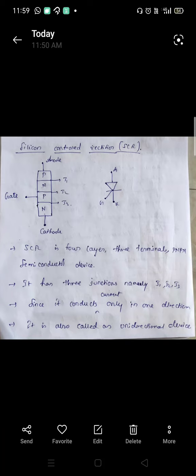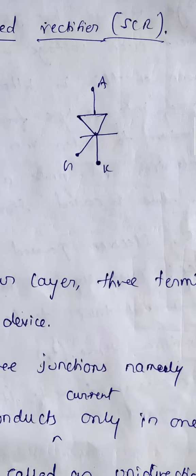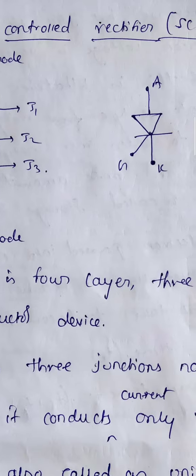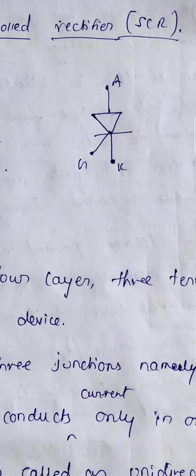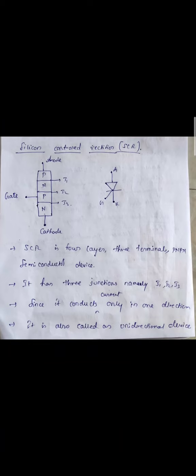Then we join P and N semiconductors, and junction J3 is formed. This is the representation of the silicon control rectifier. There is a gate control given to the p-type semiconductor.